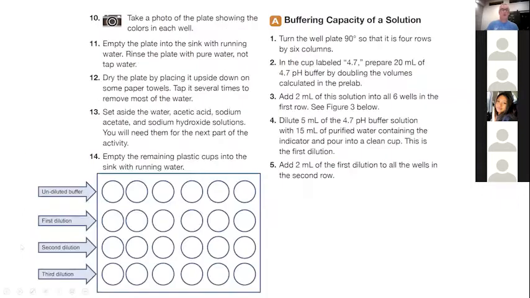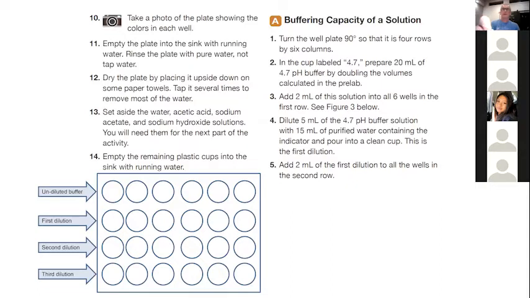Now, the second part of the experiment, so we wash this clean, dump it out, rinse it with water, and then dry it in some paper towels, trying to get most of the water out. And then we're going to turn it on its side. So now it's the long way. And we're going to then dilute our buffer.